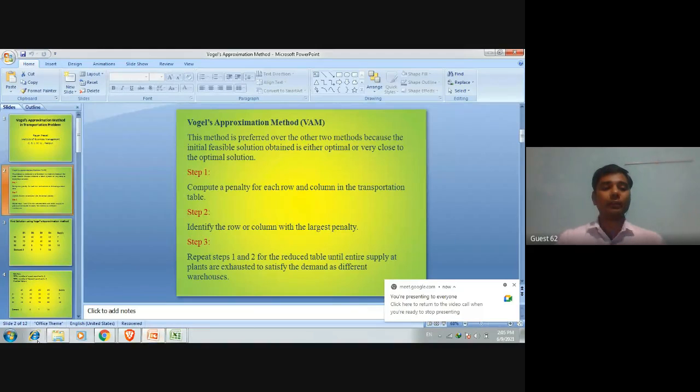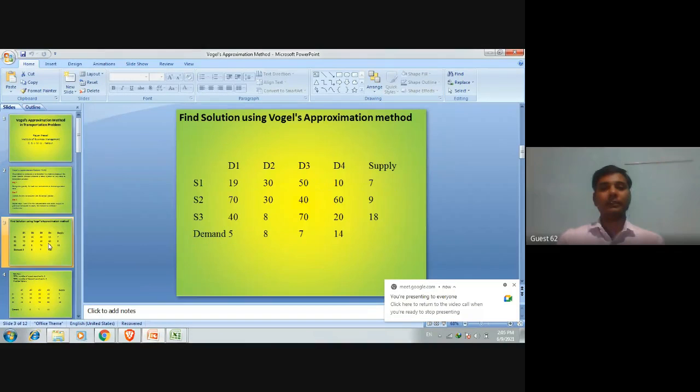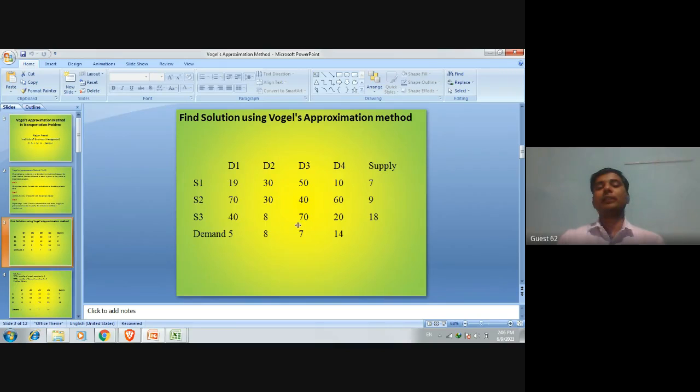Here a transportation table is given, in which we have to find the solution using Vogel's approximation method, and you have to find the penalty of each row and each column.